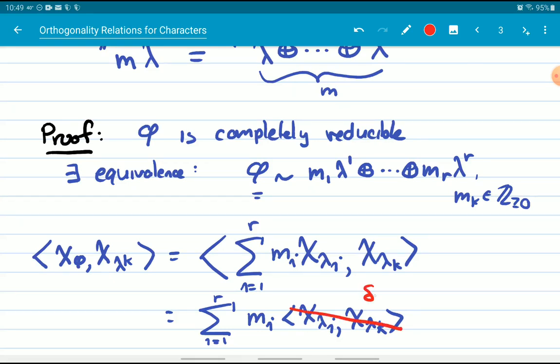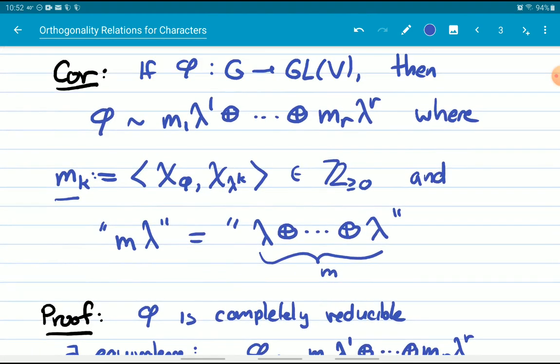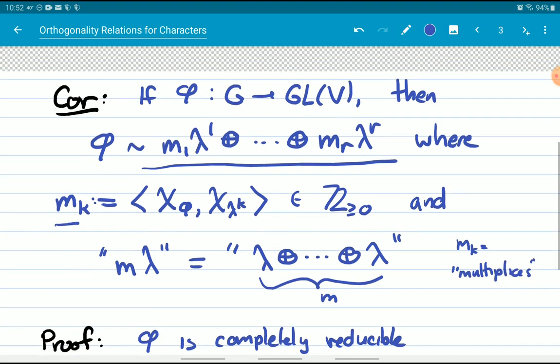I could write it as a Kronecker delta. It's 1 only if i equals k. So we learned that this was just mk. So this calculates the coefficient. By the way, in a statement like this, the numbers mk are called multiplicities of the given irreducible lambda k.